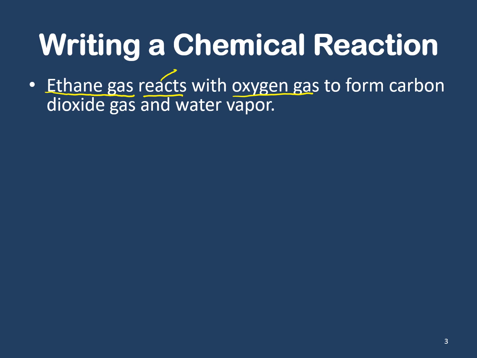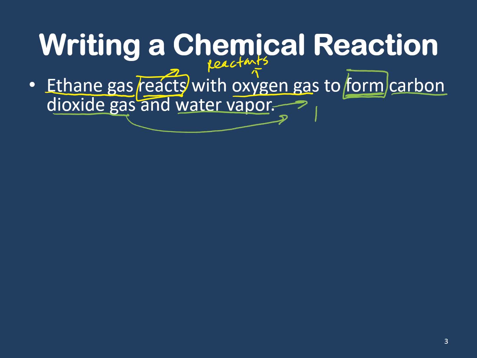This tells me these two things are my reactants, based on the word reacts. And then we're told they form carbon dioxide gas and water vapor. Based on the word form, carbon dioxide and water must be my products.